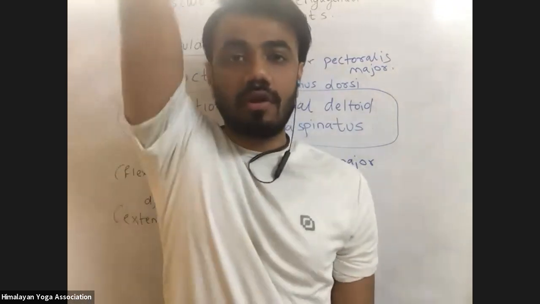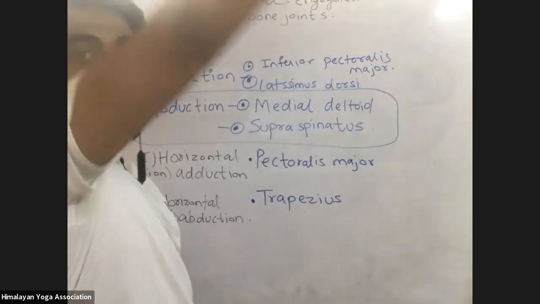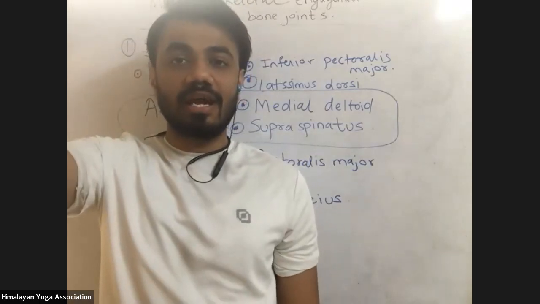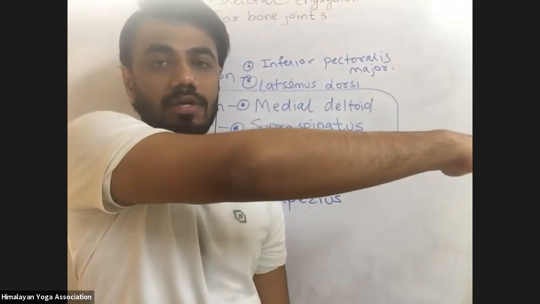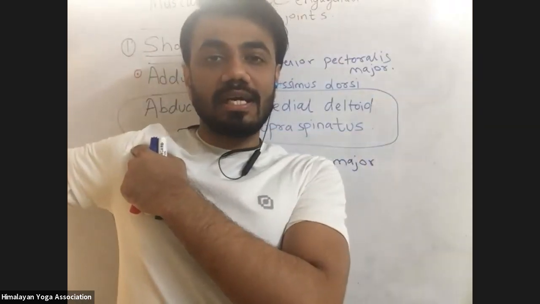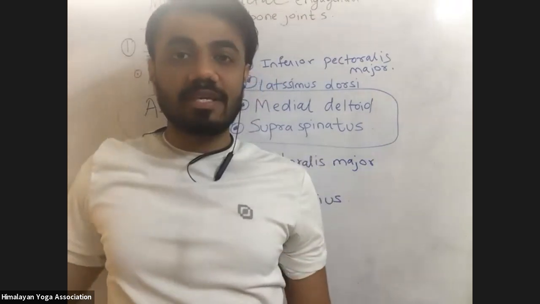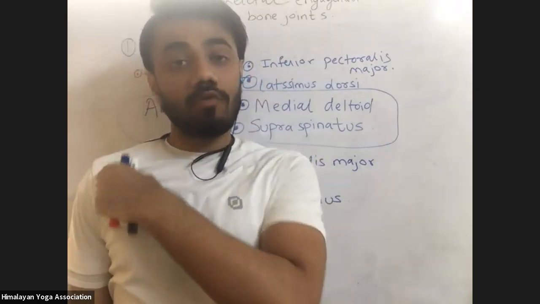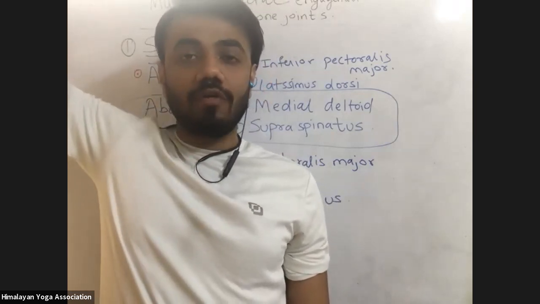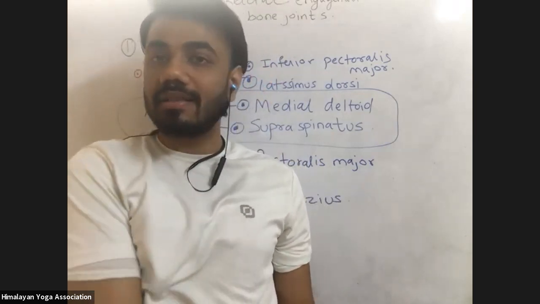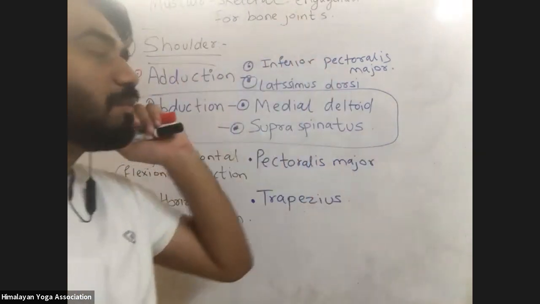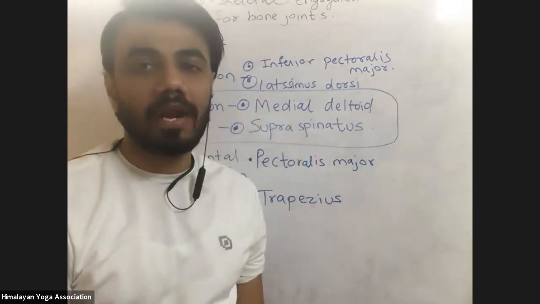Flexion in the front, extension at the back, then horizontal flexion, that is inside, and horizontal extension, straight outside. Then we have seen abduction of our shoulder, that is away, and adduction of our shoulder, that is in line towards the medial. And these are the muscles that get engaged and contract.